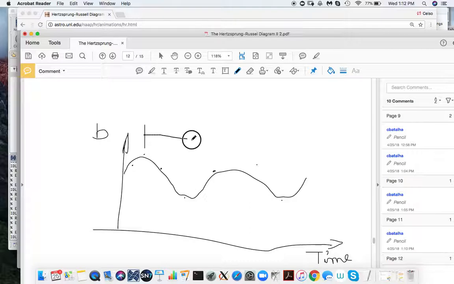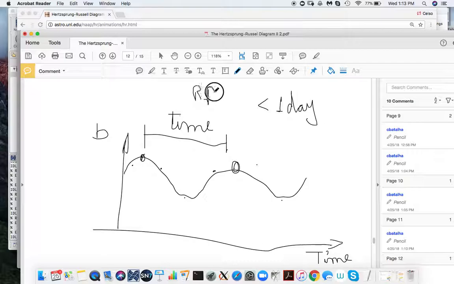So if you measure this time between equal parts of the curve, which means the time that it takes the star to go from its brightest point to its brightest point again, if this time is less than 1 day, the star is called RR Lyra. And if the variability period is more than 2 days, these stars are called Cepheids.